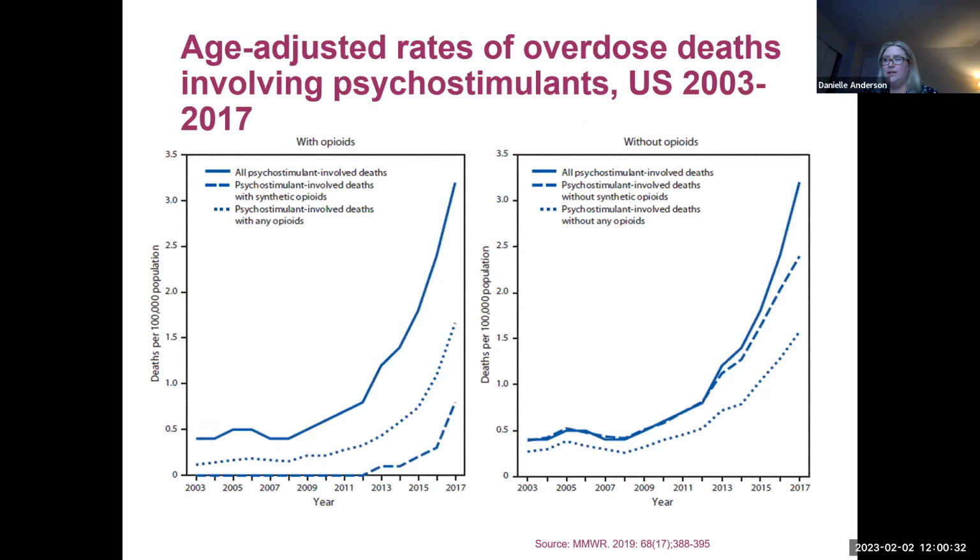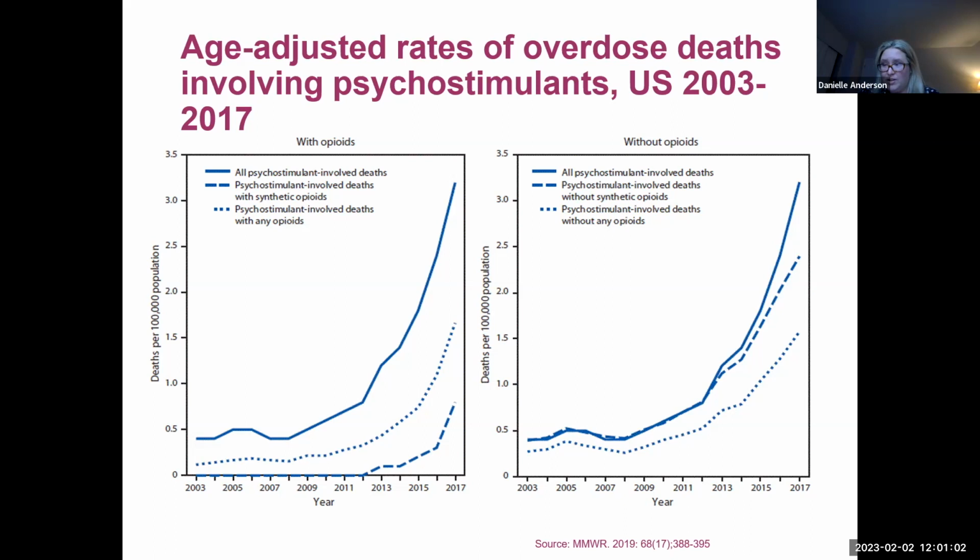So this study looked at rates of overdose deaths from stimulants from the years 2003 to 2017 and compared those involving opioids to those without opioids. Psychostimulant overdose deaths were stable until about 2010. Then we start seeing an increase in overdose involving stimulants with opioids from 2010 to 2015.